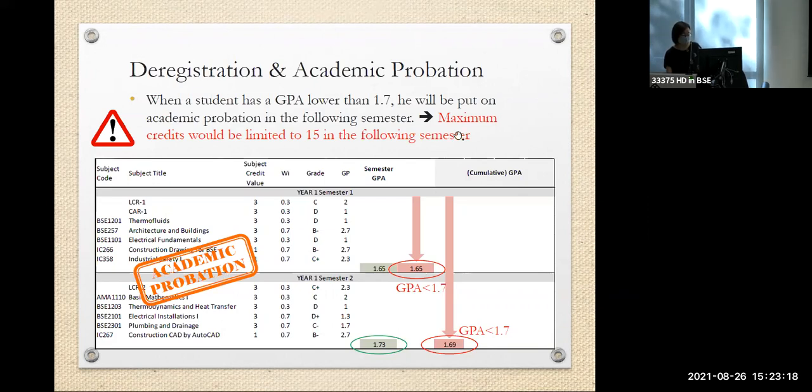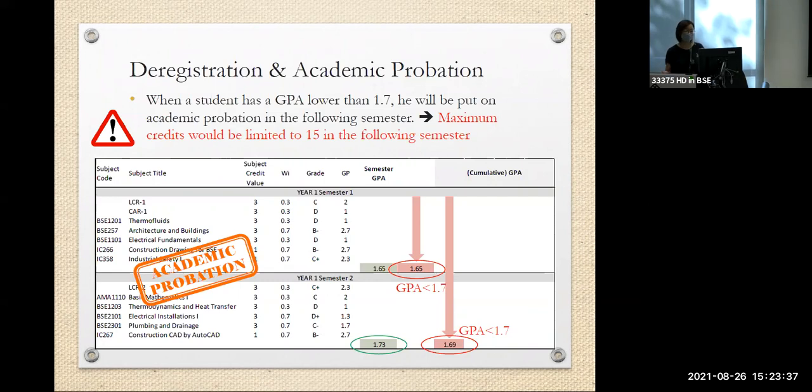Academic probation. So if you are put into academic probation, then the maximum credits will be limited to 15. So not 21. So in one semester, you can only register subjects up to 15 credits.